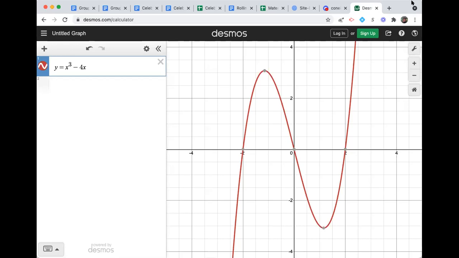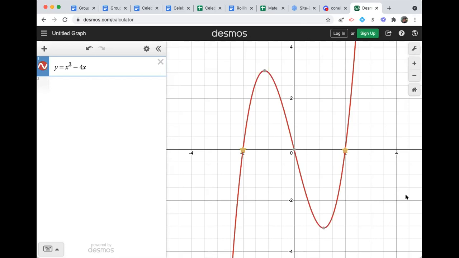And let's think about where our interval is. Our interval starts here at -2 and goes to +2, all right? So from the graph, is this function continuous? Yeah. Is this function differentiable?